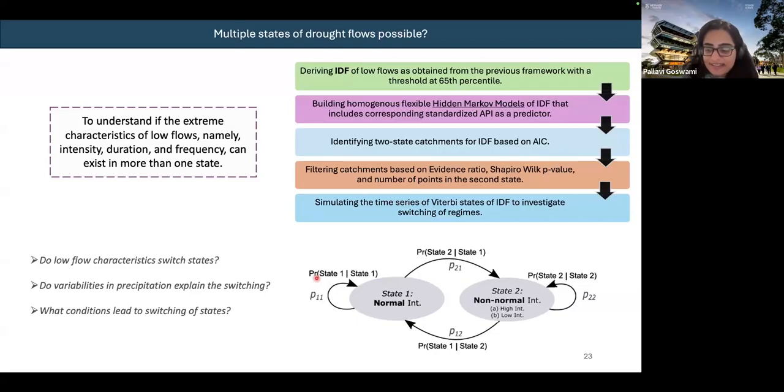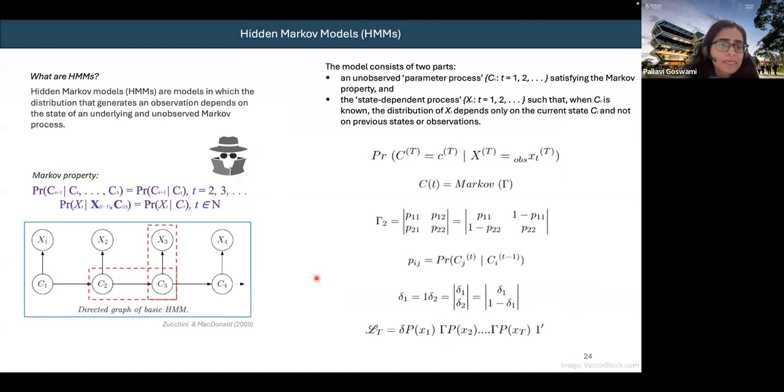So it's again a trade-off of what you want to do and the ease of getting around with these models. So just to keep things simple, I only assumed that there were 2 states. And so, like I said, I used hidden Markov models for understanding the different states of hydrological droughts.